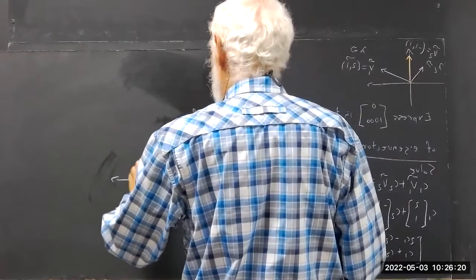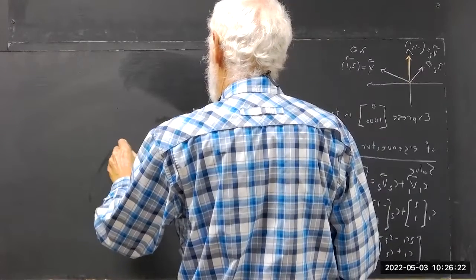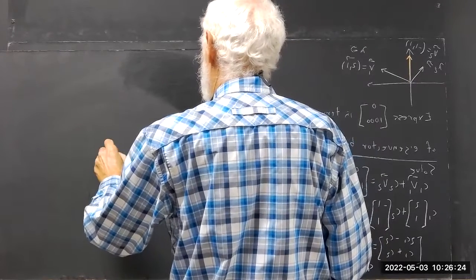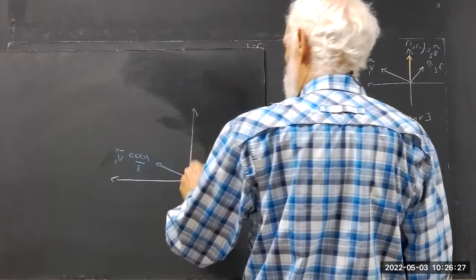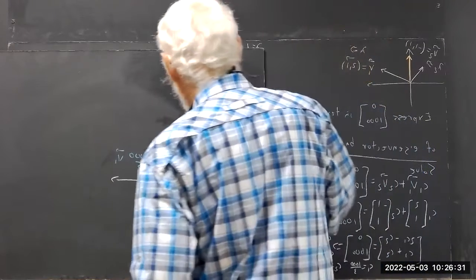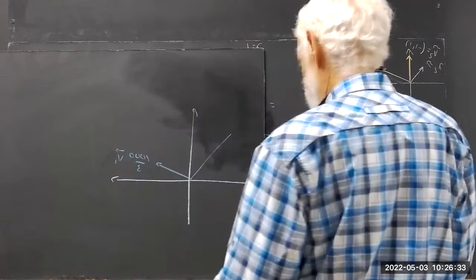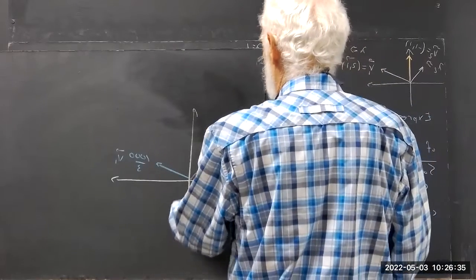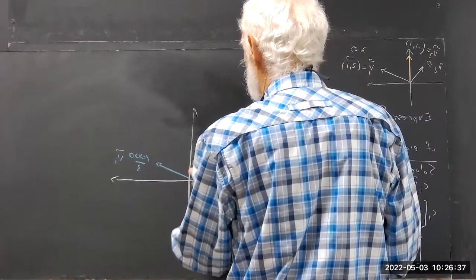Okay, so here is my 1,000 over 3 V1, and note that this vector is not perpendicular to this one, which I knew before I drew it.